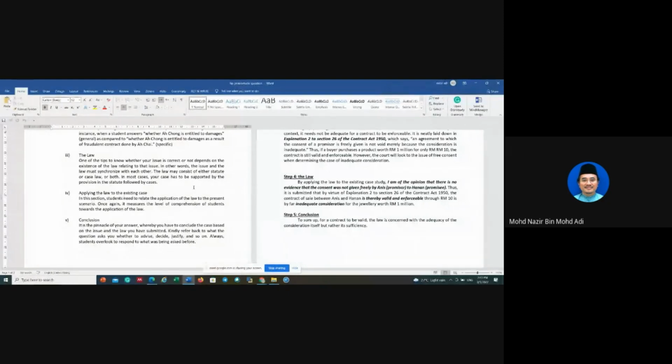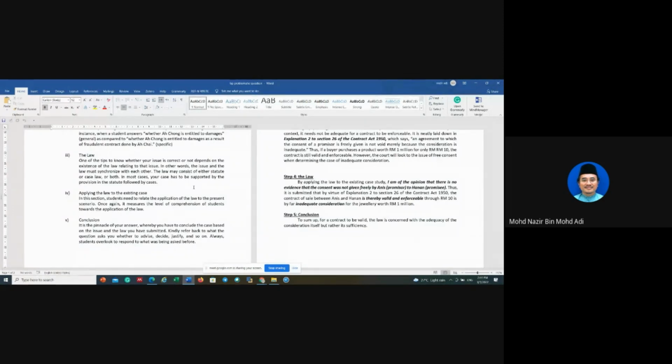So this is an example of how to apply the law and relate it to the existing case. You explain the law in relation to the existing case, and you can also make a preliminary conclusion, but not conclude yet.